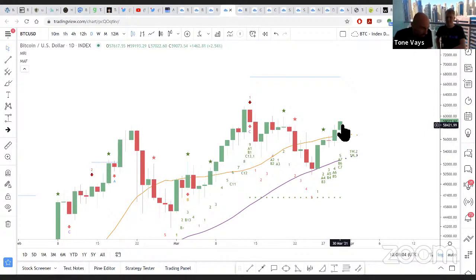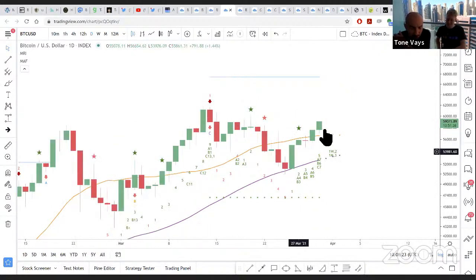If Bitcoin closes at the price you see right now in 13 hours, it will be the second highest daily closing price in Bitcoin's history. And then there's only one to go.